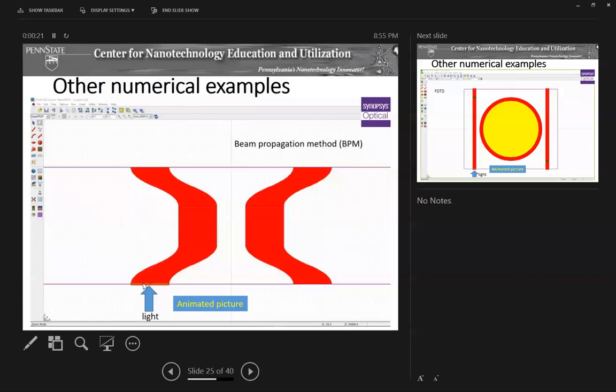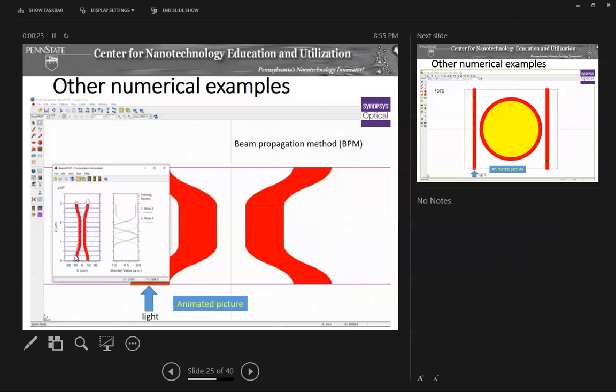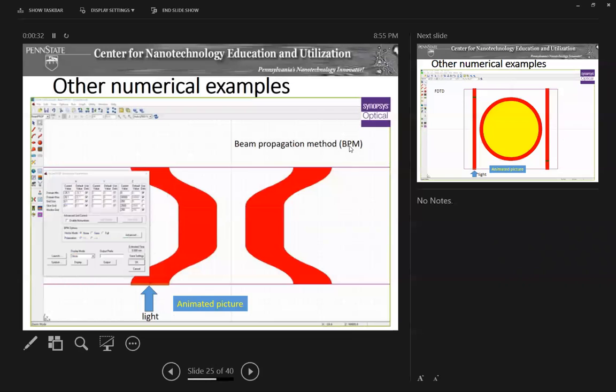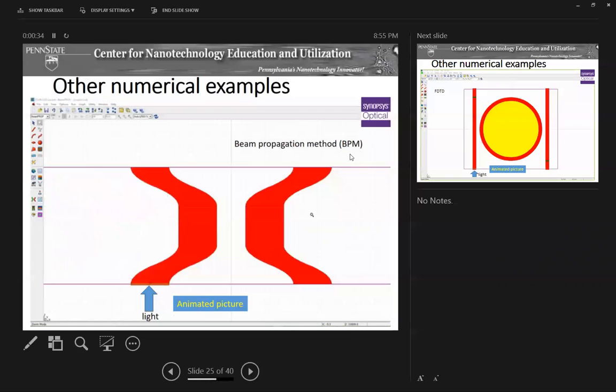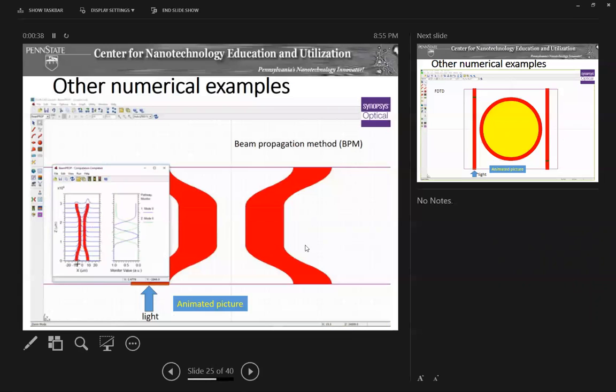So we see that the initial light is being transferred gradually to the second waveguide. Okay, so this method is called beam propagation method, BPM. That's another way of solving the Helmholtz wave equation at every point.